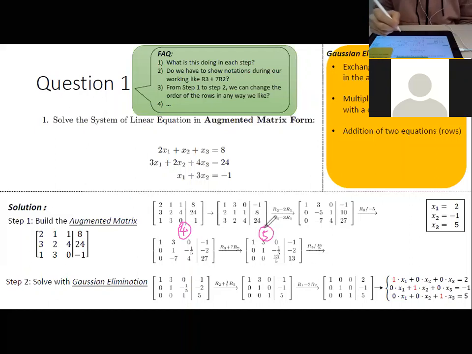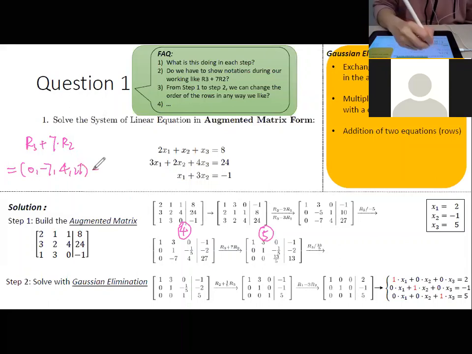And the notation above the arrow now is R3 adds 7 times R2. That means we take the third row of matrix 4, which is 0, minus 7, 4, 27, to add 7 times the second row of matrix 4, which is 0, 1, minus 1 over 5, and minus 2.